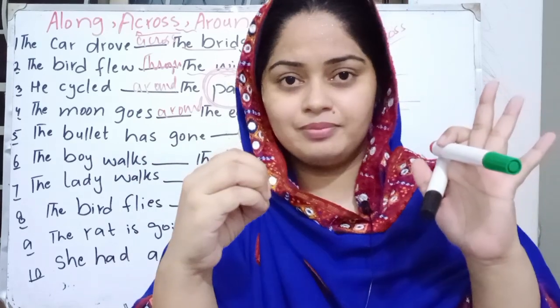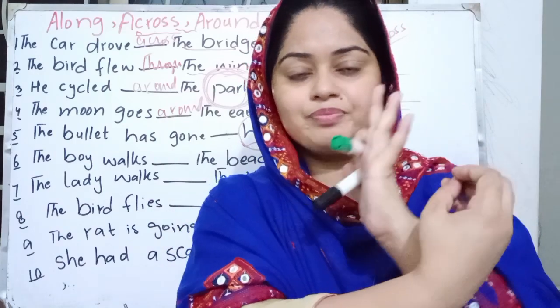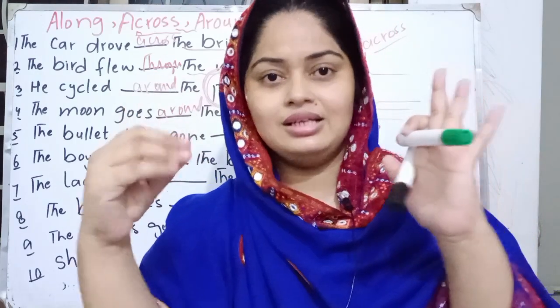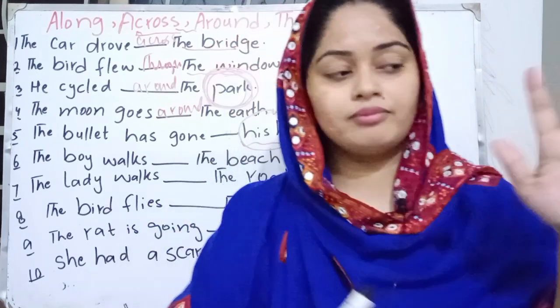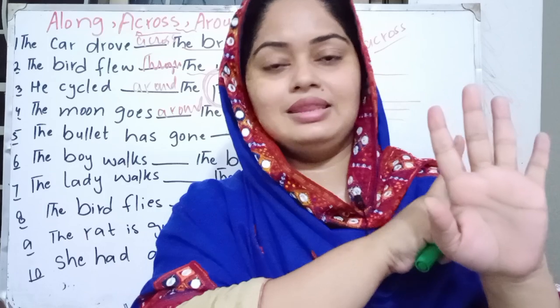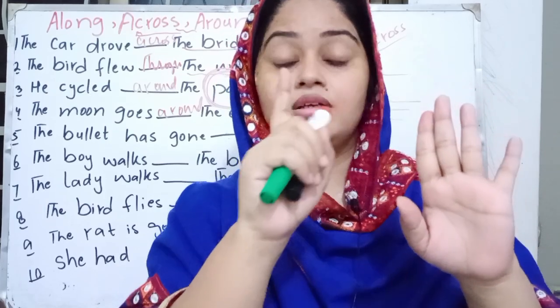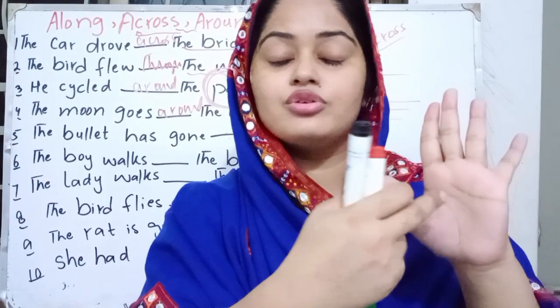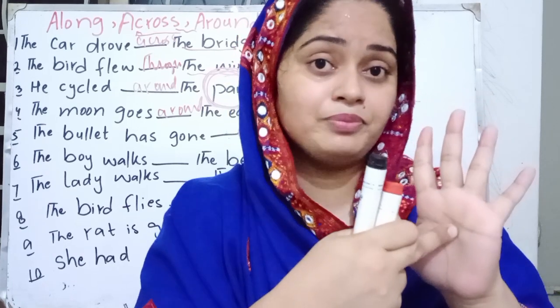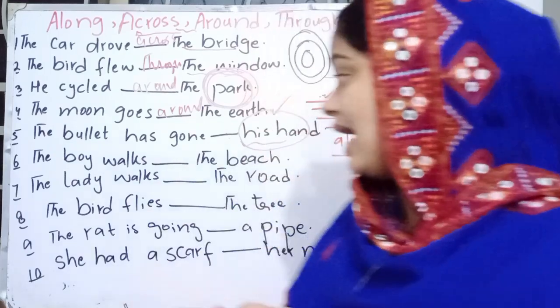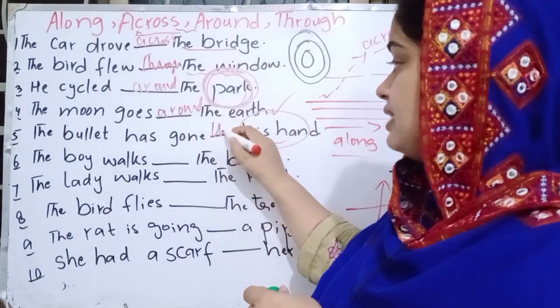This is one end and this is another end. This is the channel. If you have to pass, you have to go through this medium. So the bullet has gone through his hand.